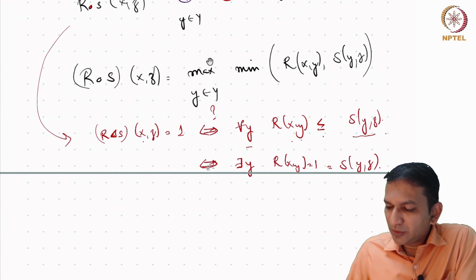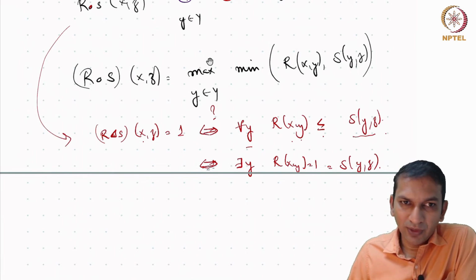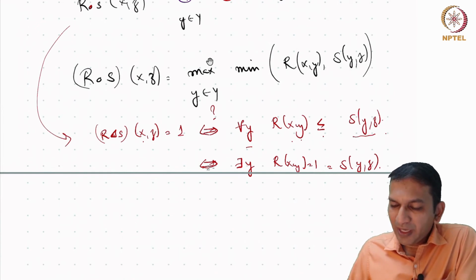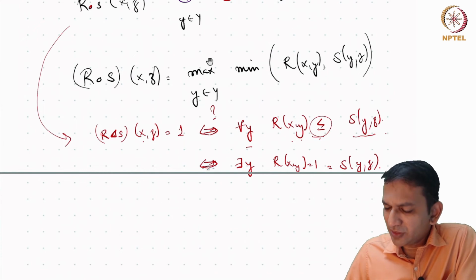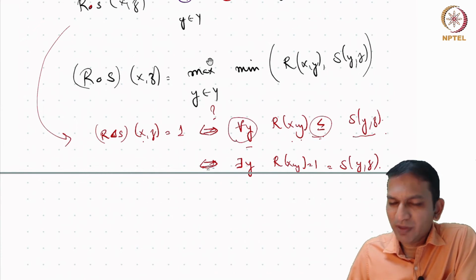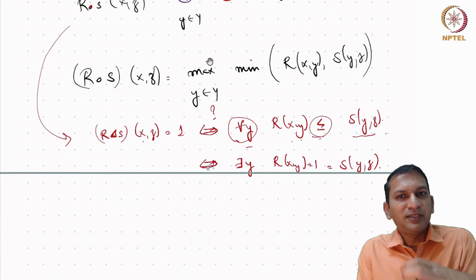We insisted that through some y, y should be related to x to degree 1 and also to z to degree 1, but it should happen just for one y. Whereas in this case, we have made this an inequality, and in that sense less stringent. But what we are asking is this should happen for all y. So there seems to be a nice trade-off.